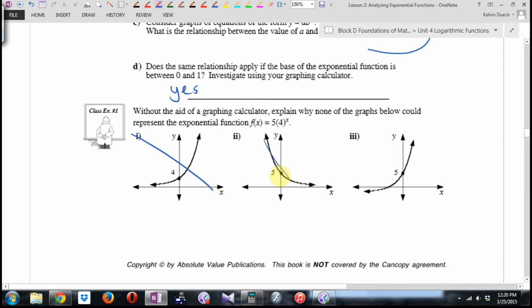This would only be true if that was a fraction right there. So that can't be right. Could the third one be right? What's wrong with the third one? Can't be that. The answer is none of the above. On the provincial, there was always 4 to pick from. The fourth one would have been the correct one.